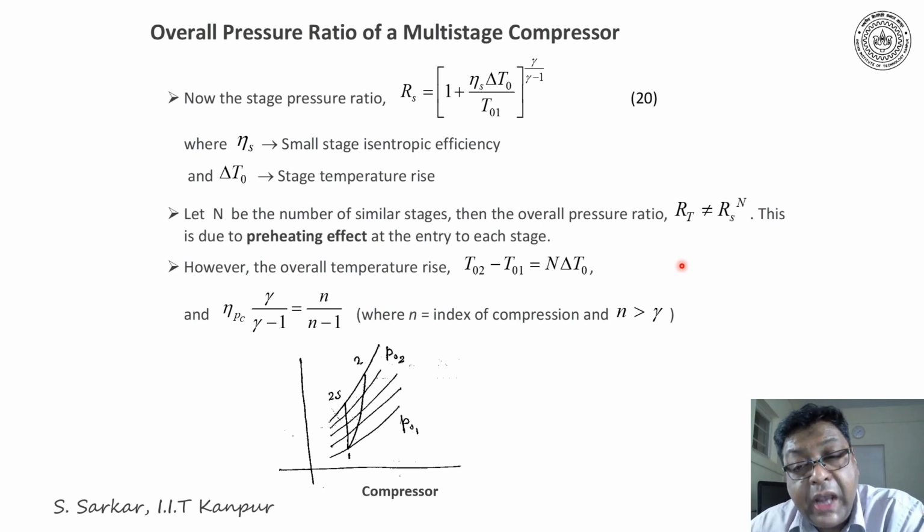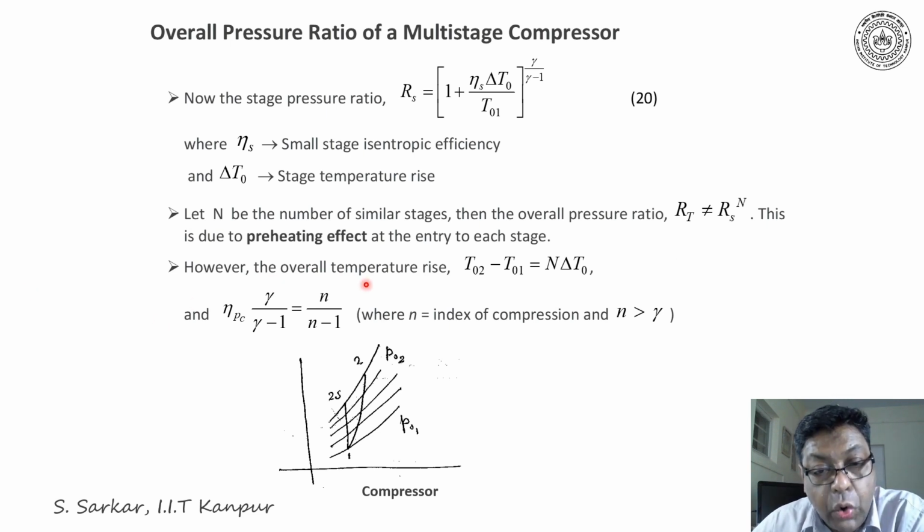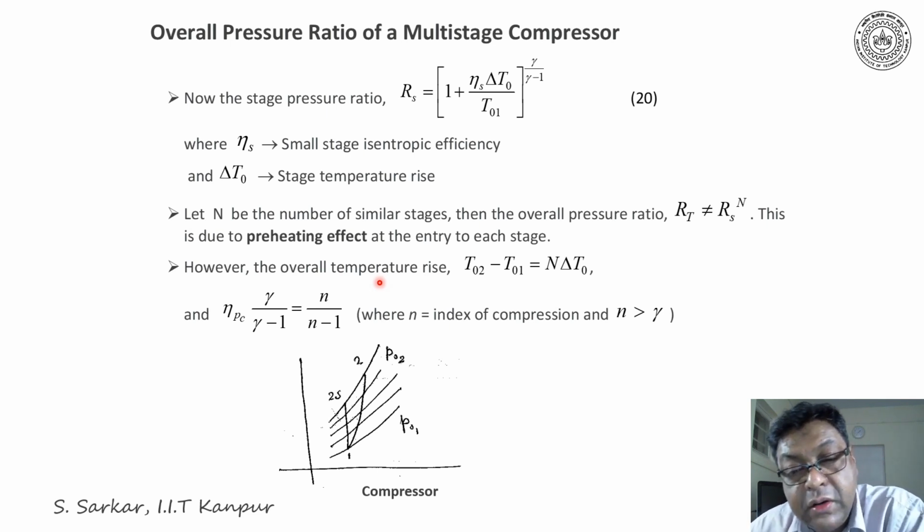Thus, what I would like to say is that even if the stages are of similar design, the pressure ratio in each stage would not be equal. However, temperature rise for each stage would be equal. Thus, the overall temperature rise for the compressor T02 minus T01 would be equal to n into delta T0.